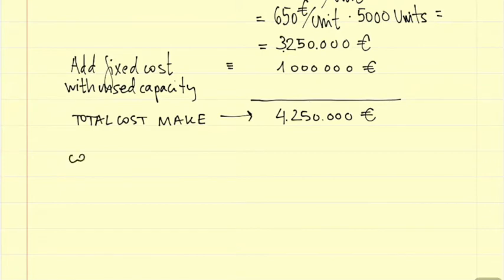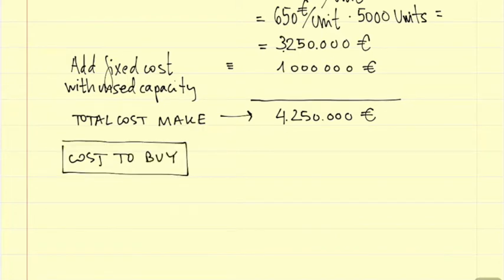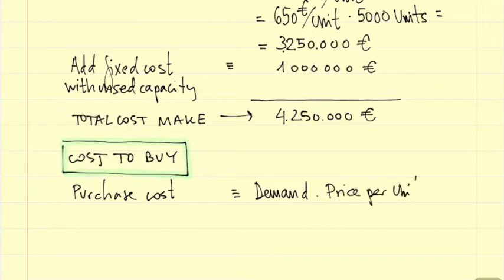Okay, cost to buy. We have the purchase cost, which is the demand times price per unit, equal 5,000 units times 900 euros per unit.